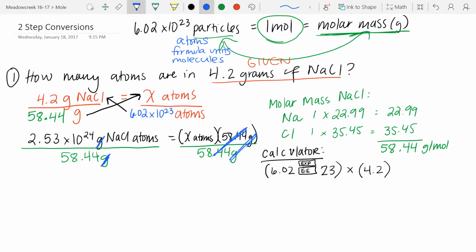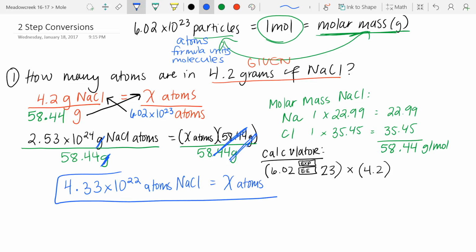In our calculator, you're going to need to make sure that you use parentheses and your EE key or button in order to do our final calculation. We're going to put 2.53 EE24 divided by 58.44, and for our final answer, we will get 4.33 times 10 to the 22 atoms of NaCl equal to X number of atoms, which is exactly what we want.